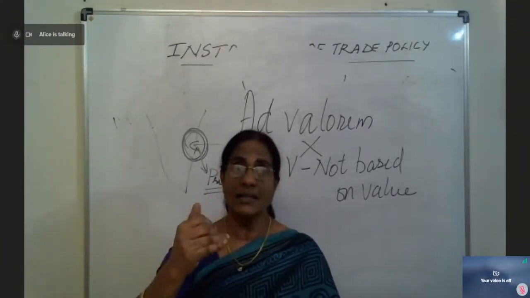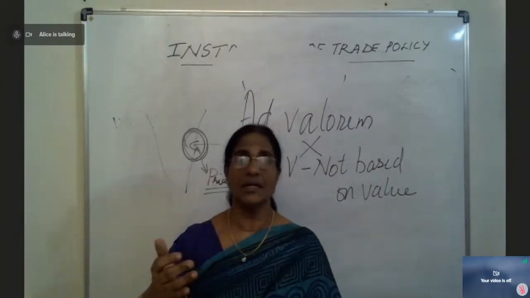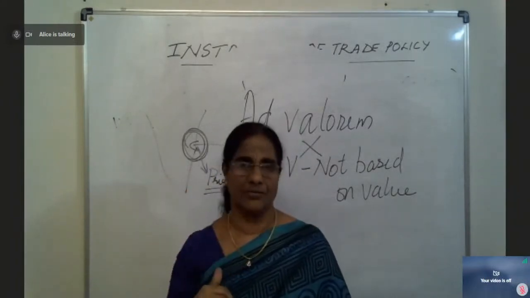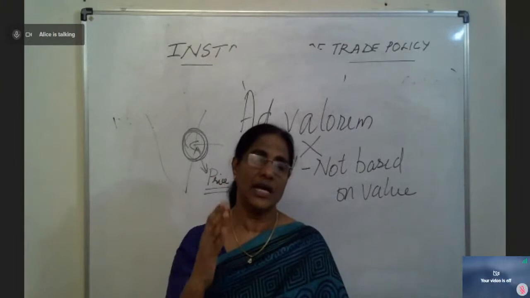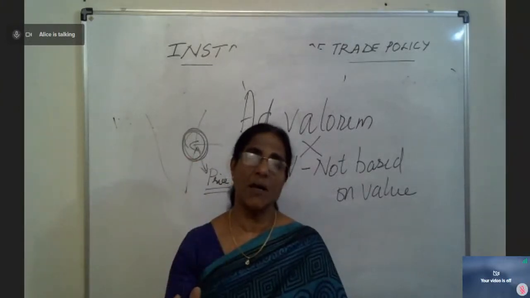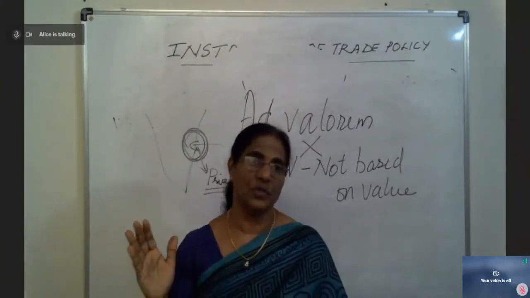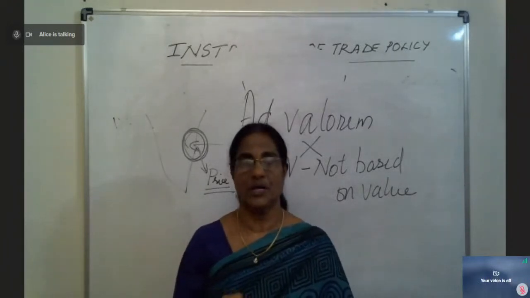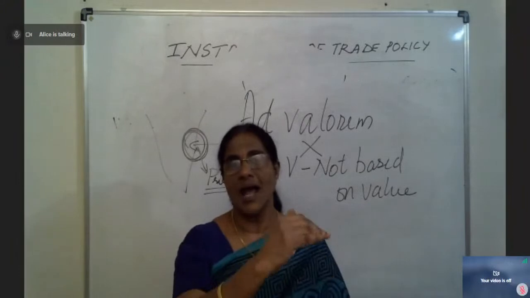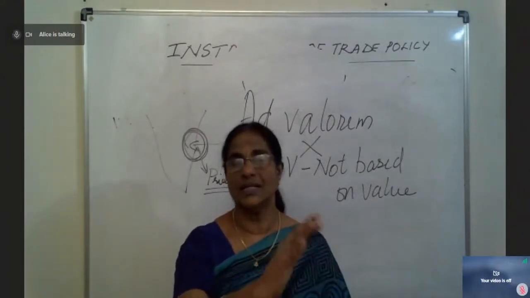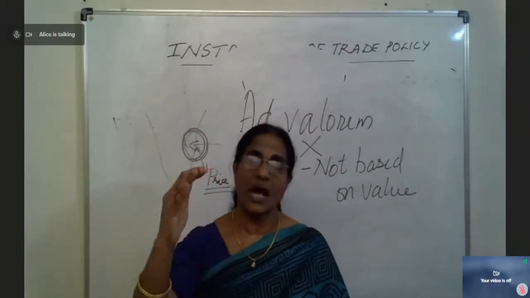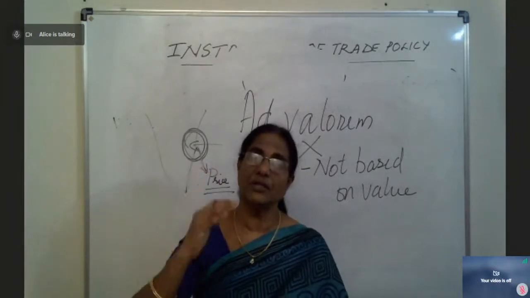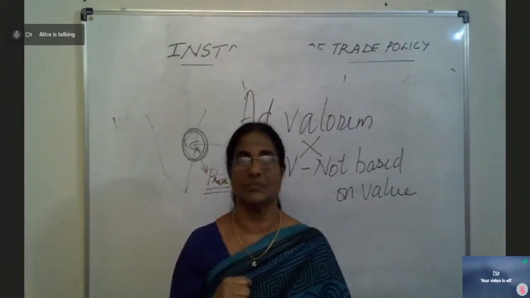Either, there will be an objective, for example, generate maximum revenue, generate maximum income for the country. Sometimes ad valorem tax will generate more income. Sometimes a specific duty will generate more income.